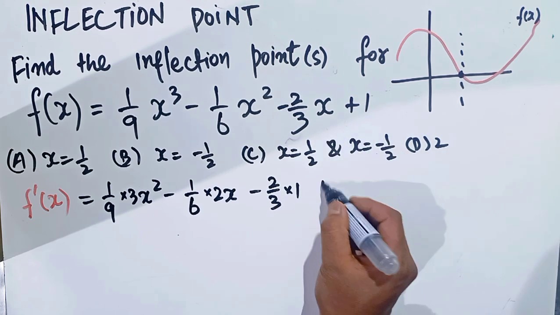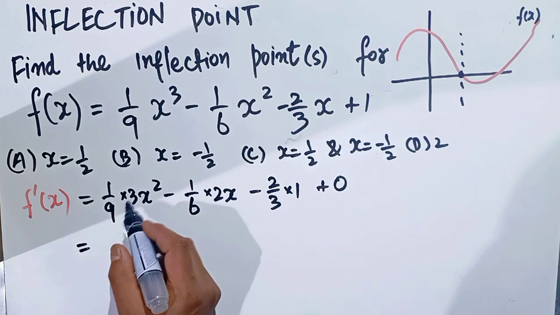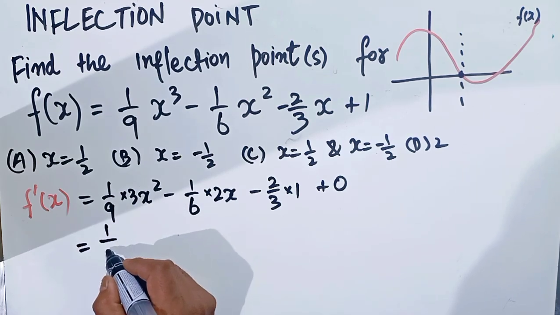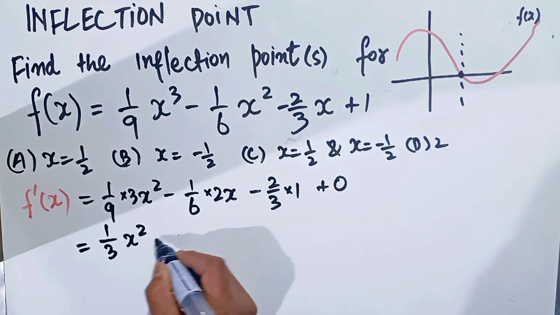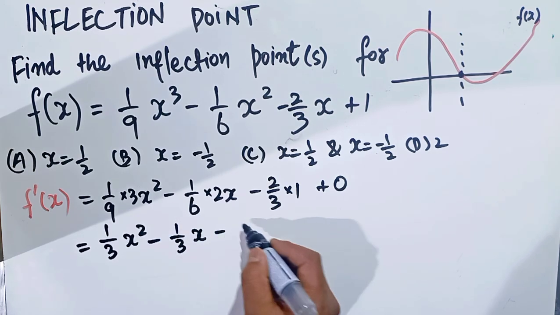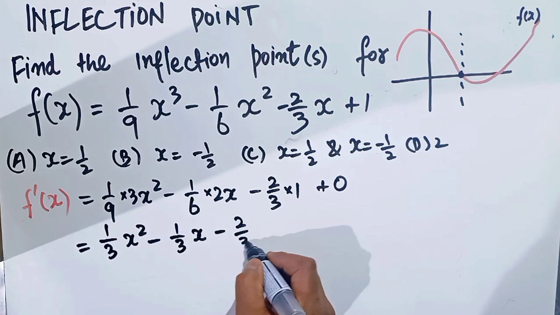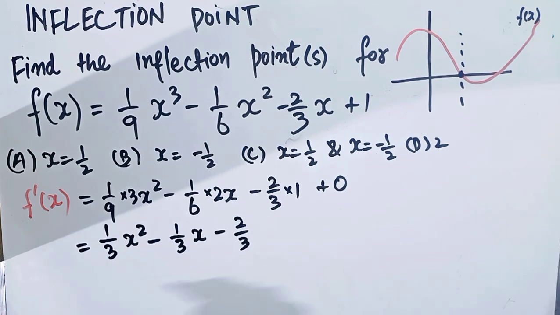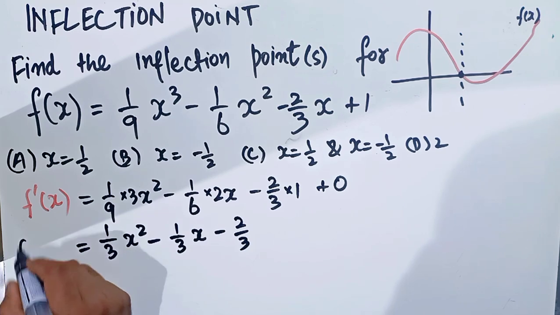And the derivative of a constant is 0. If I rewrite it, it becomes 1/3 x squared minus 1/3 x minus 2/3.